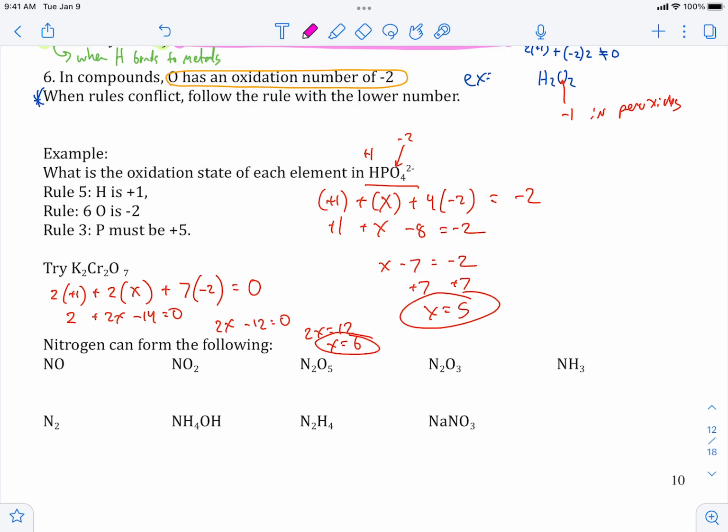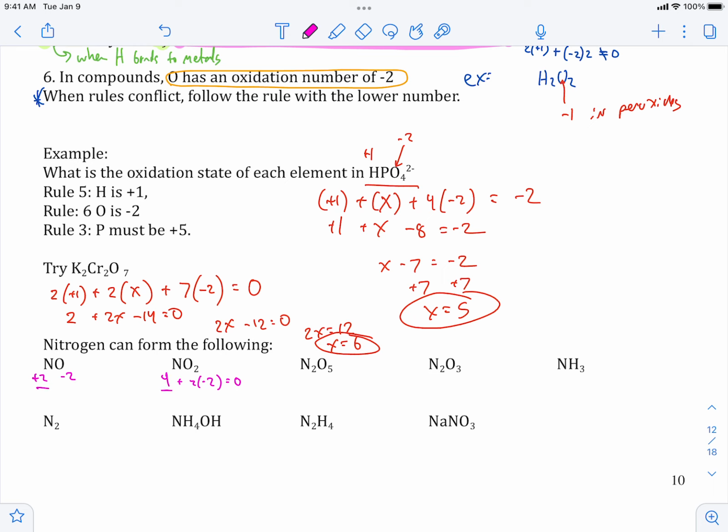So, okay, we have a rule for oxygen. Since oxygen is -2, in this first compound, what will nitrogen be? +2. Okay, let's go to the second compound. Look, there's 2 oxygens, so 2 times -2. What does that mean nitrogen is here? It's going to be +4.